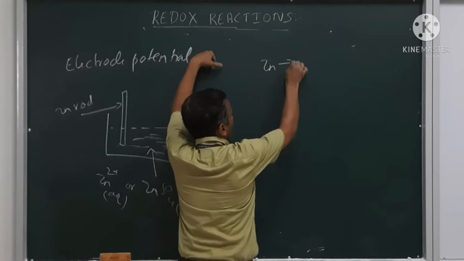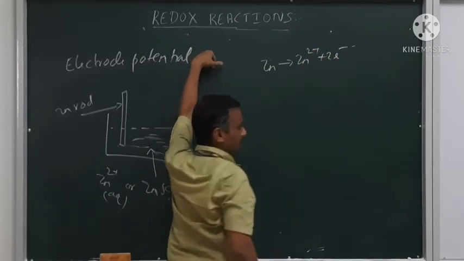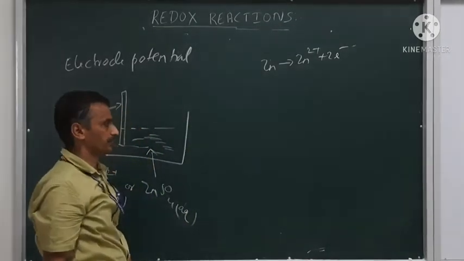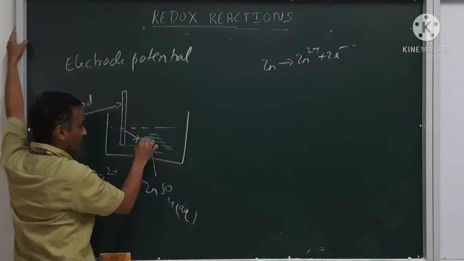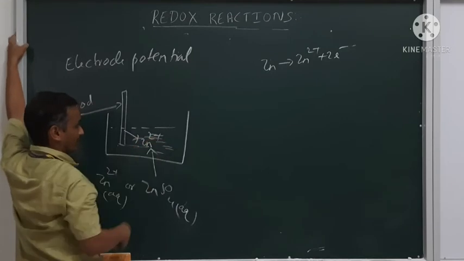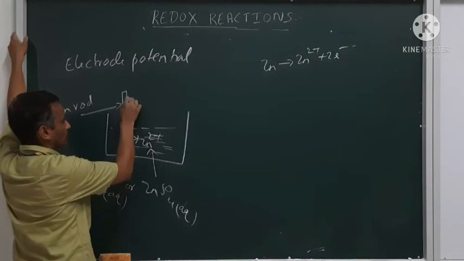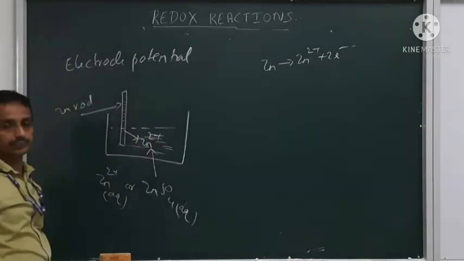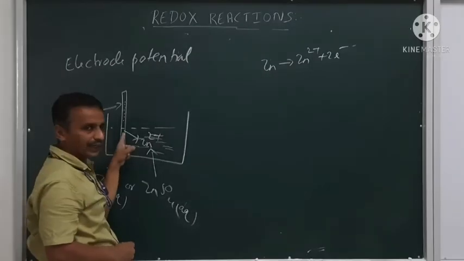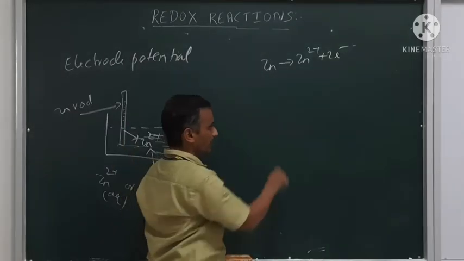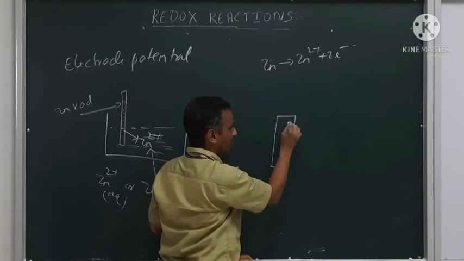Zinc starts giving Zn2+ and 2 electrons. Because of this zinc will go to the solution as Zn2+ ion, leaving the electrons on the rod. So the rod becomes negative. See, the rod is now rich with electrons.